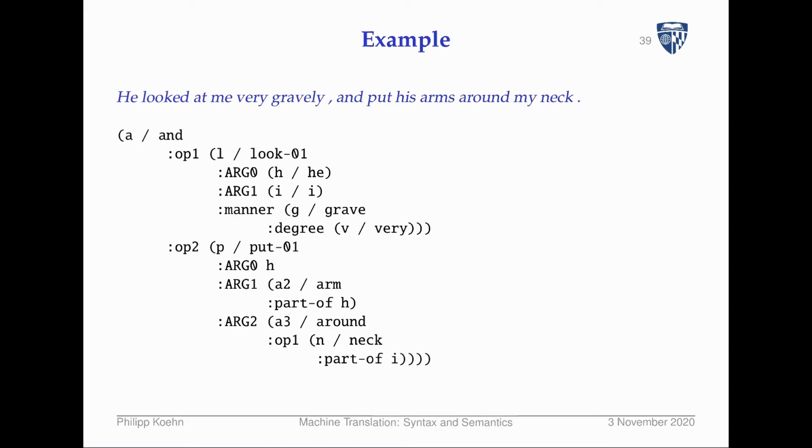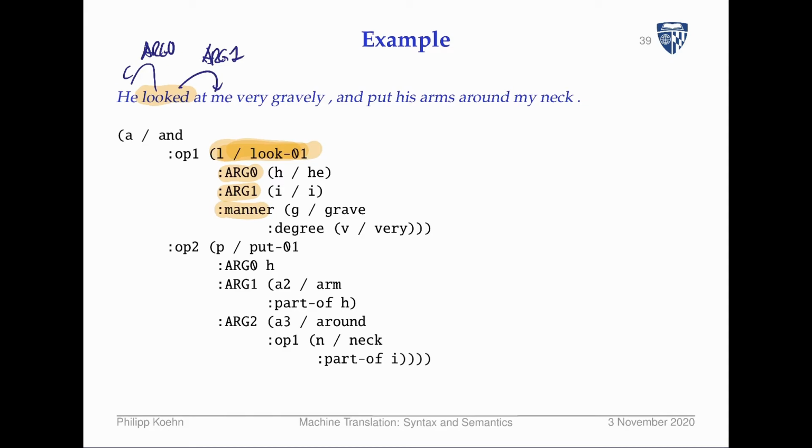You have directly borrowed from PropBank the subcategorization of verbs. So you have the verb "look" here, and it takes an arg0 and an arg1 and also has a manner. Then you look at the sentence here. "He looked," so we know he is the subject. So this is arg0. "At me," so this is then what is being looked at, and that's arg1.